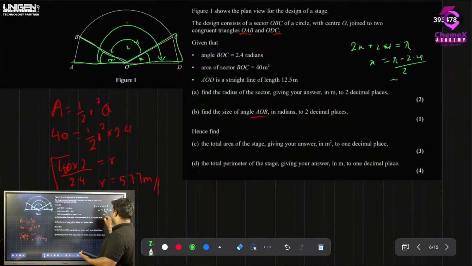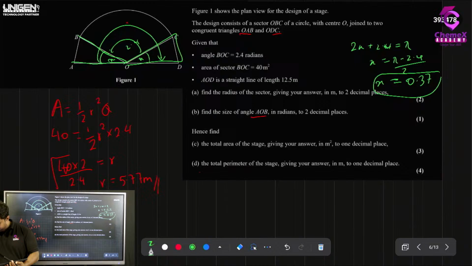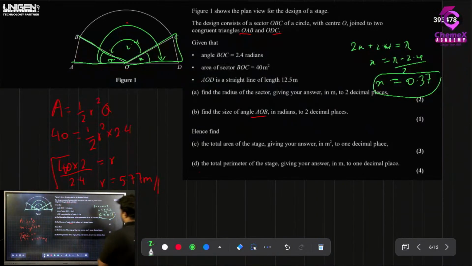Can you give me the answer? What's the answer? 0.37, right? So 2 decimals now they're asking.